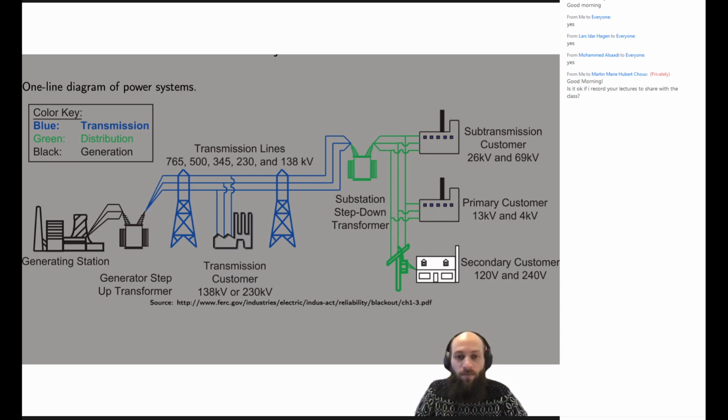So power transformers and then distribution transformers to step down the high voltage into, for example, 240 volts in each house. So all of this system of transmission lines, it's called the power grid.